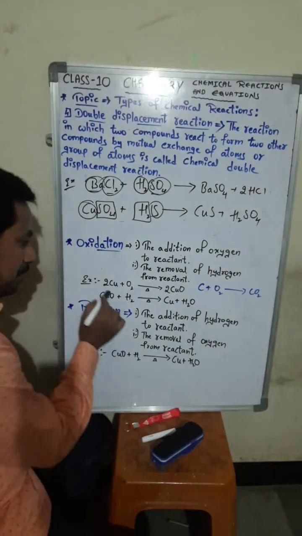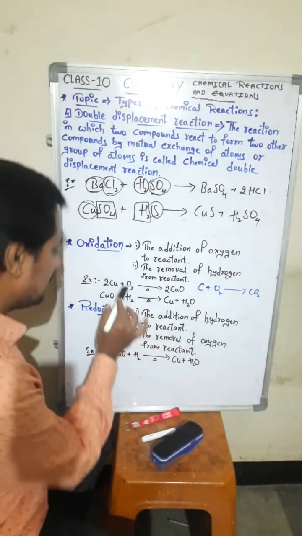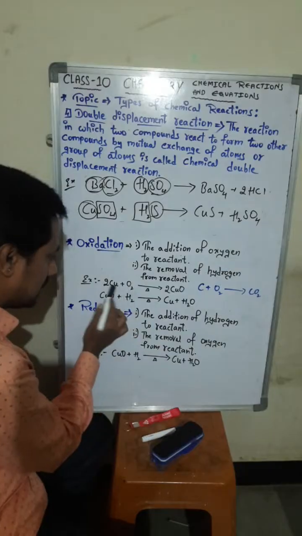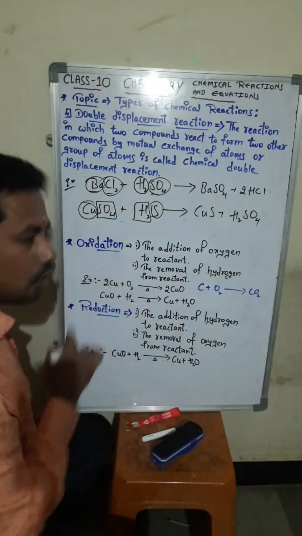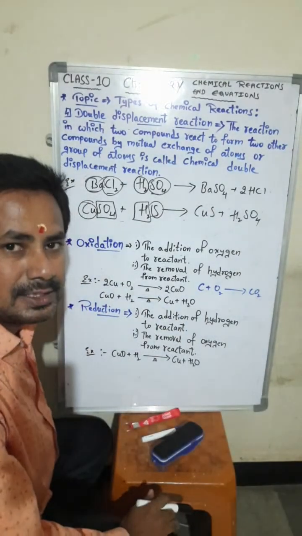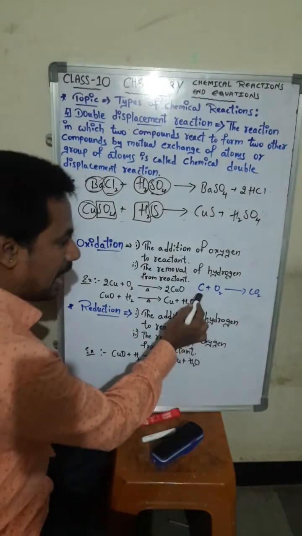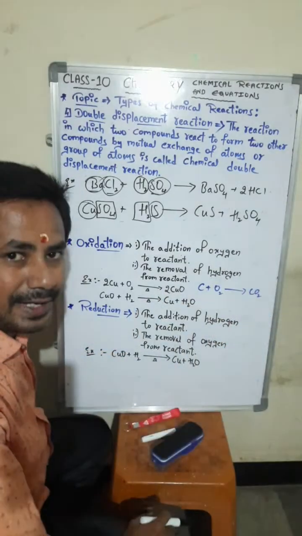Let's say for example, Cu is there, copper. When you add oxygen, what happened here? Addition of oxygen. Oxygen is added, students. So this is an example of oxidation. Copper plus oxygen, copper oxide, CuO. Another example: carbon and oxygen combine, carbon dioxide.